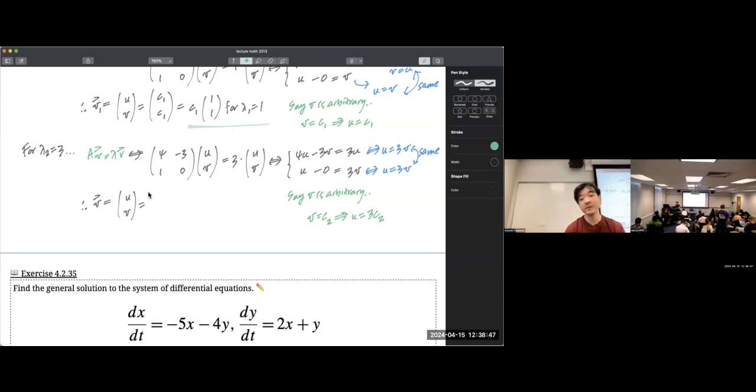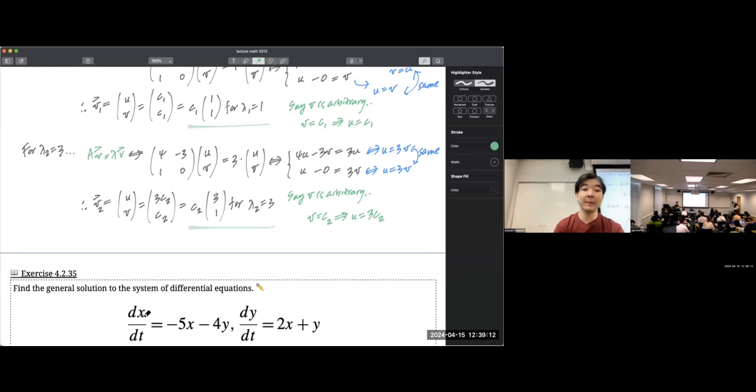I'll label this as 2. So it turns out that one of them will always be free. And it's going to be like, let's say v is equal to C2, then u better be 3C2. You can draw out a C2 and just 3 and 1. And this is the eigenvector for lambda 2 is equal to 3.